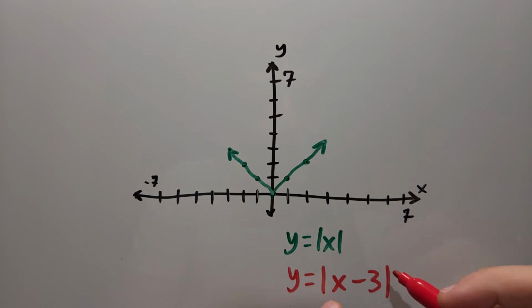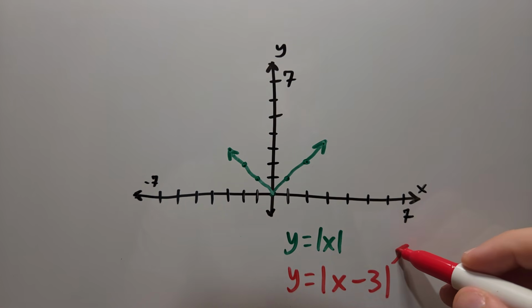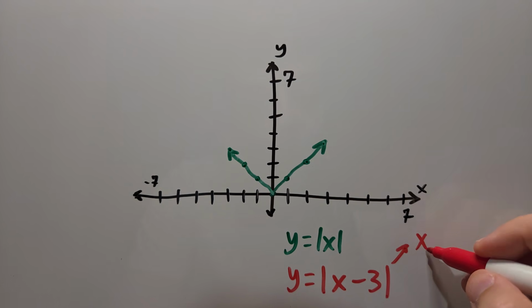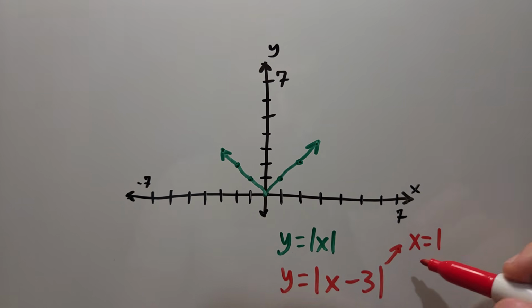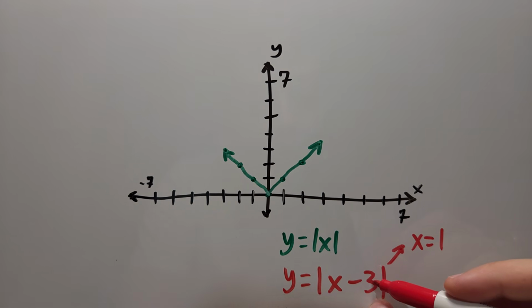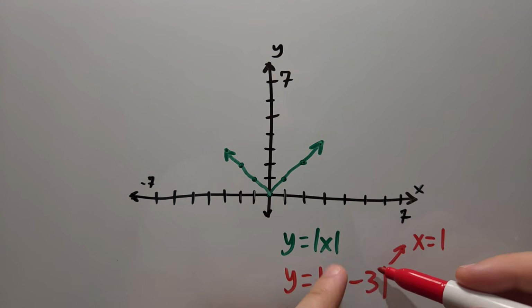But if I plug in a value of x that is bigger than 0, try this. If I plug in 1 minus 3, well, that's negative 2. The absolute value of that is positive 2.